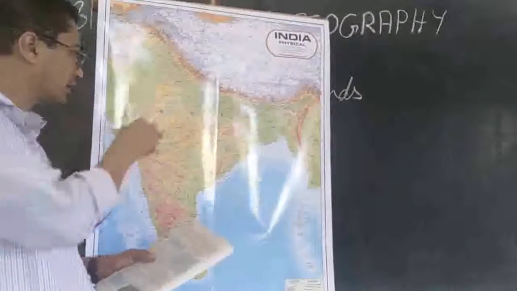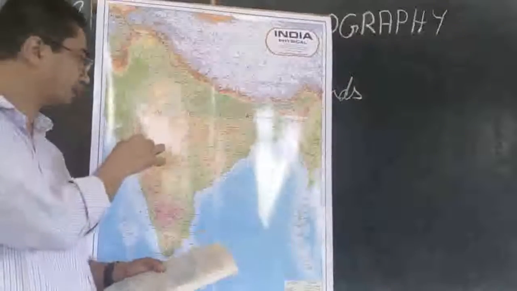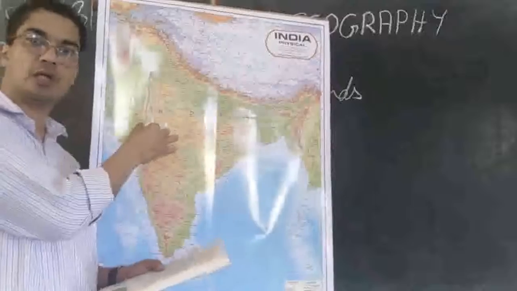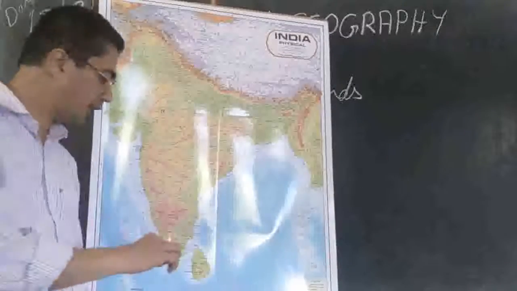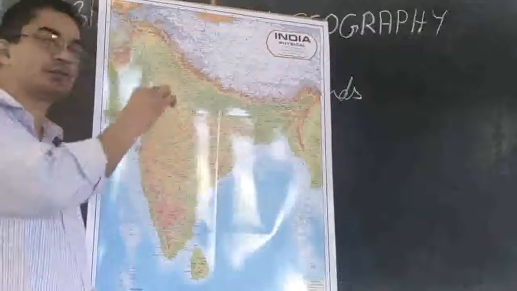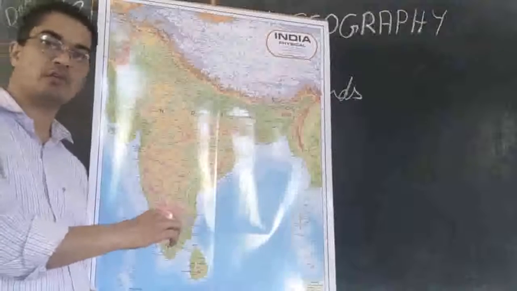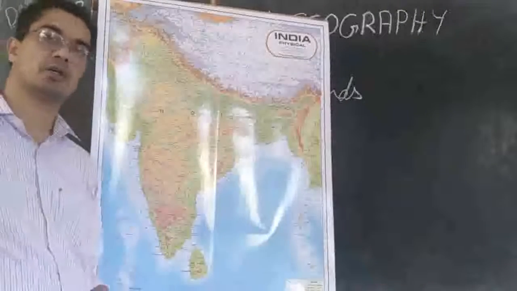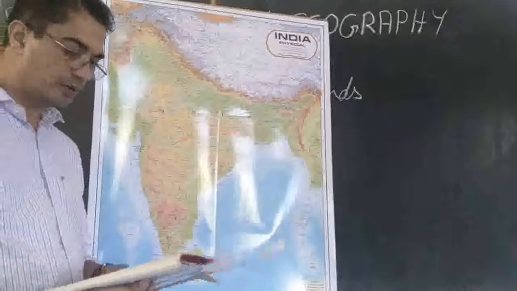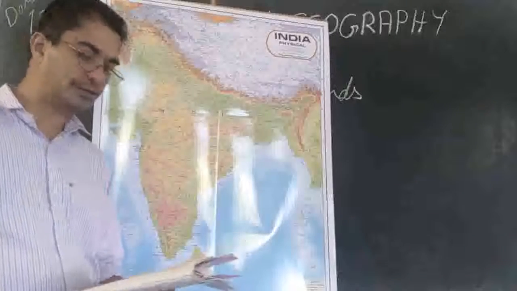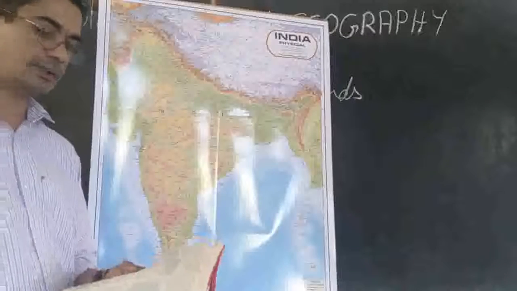Therefore the air will start flowing to the north. This causes a complete reversal of the direction of the wind during summer.